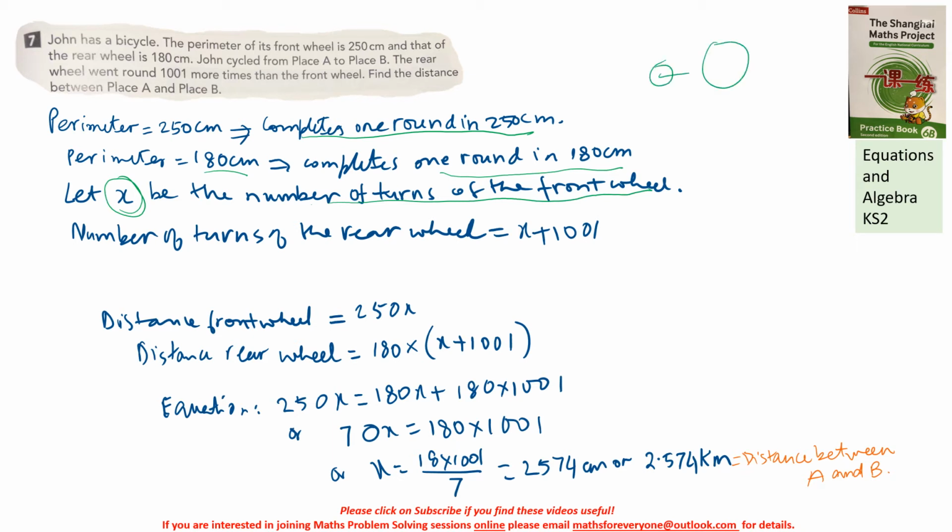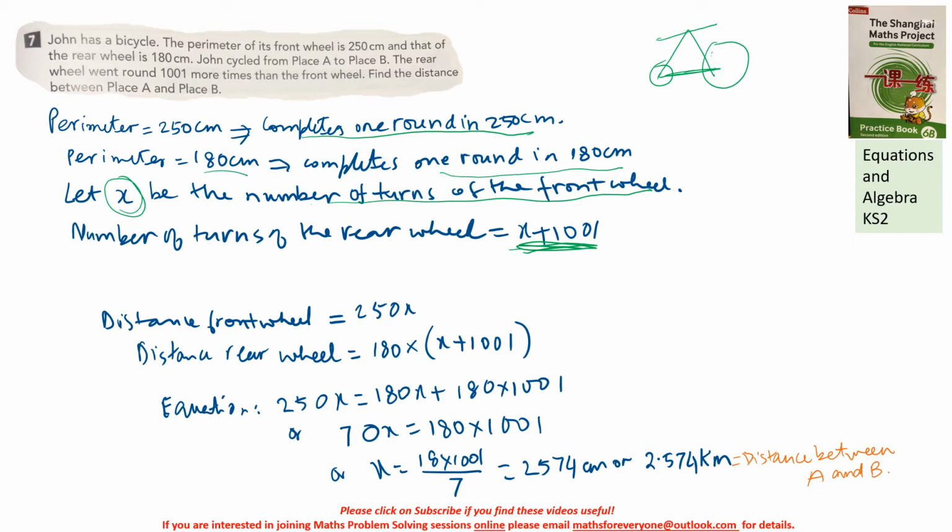So this wheel, this one. The number of turns of the rear wheel is x plus 1001. That's how many more times it is going to turn.